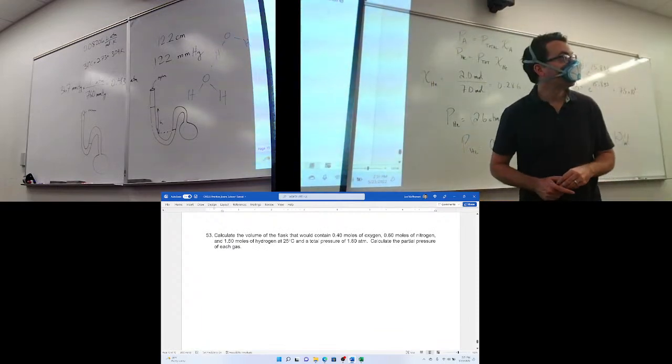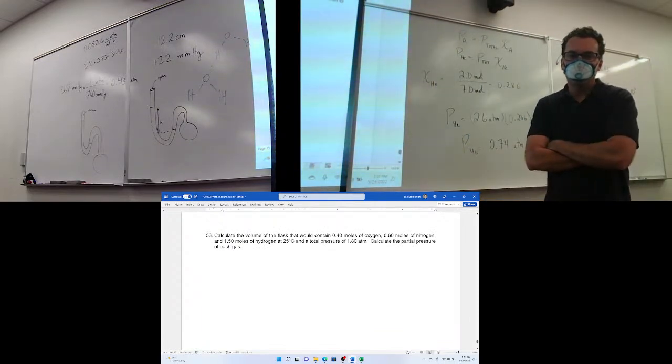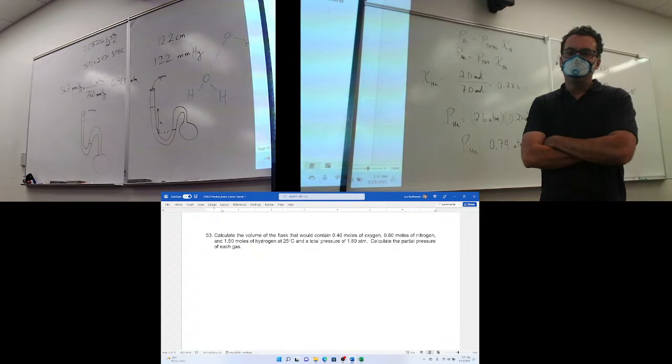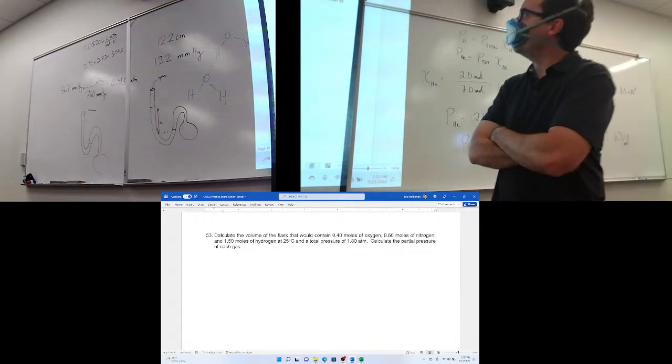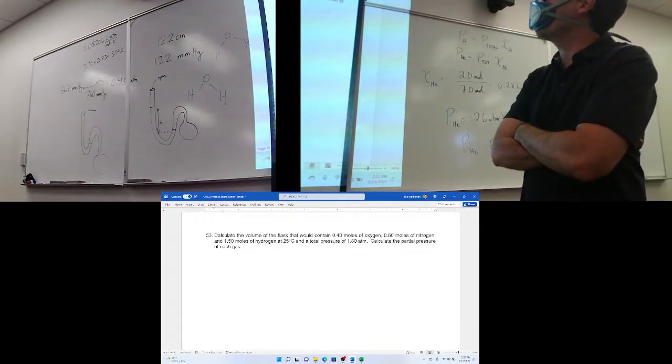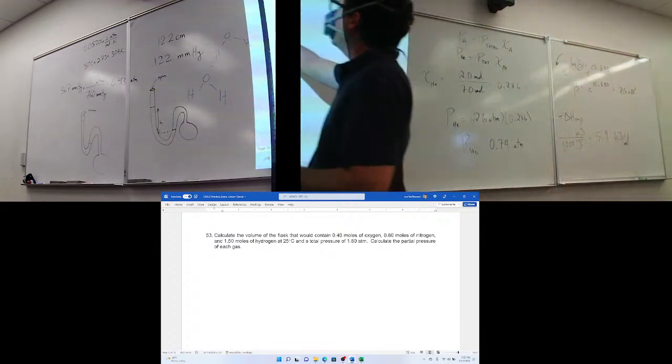Number 53. We don't have time for it, but I've got a flask with these different moles and a total pressure. What's the partial pressure? Ignore that temperature, or I guess you can't ignore it. So calculate the volume and then calculate the partial pressure. How would you calculate the volume?